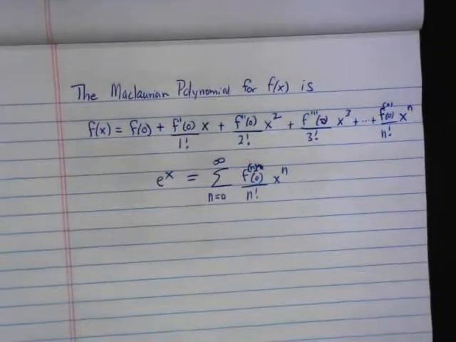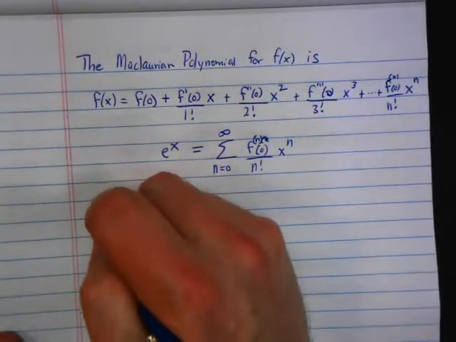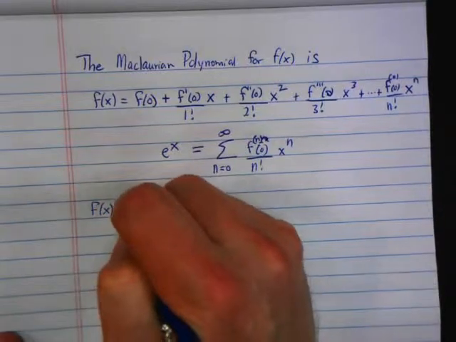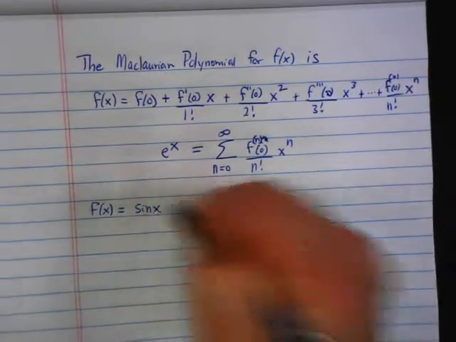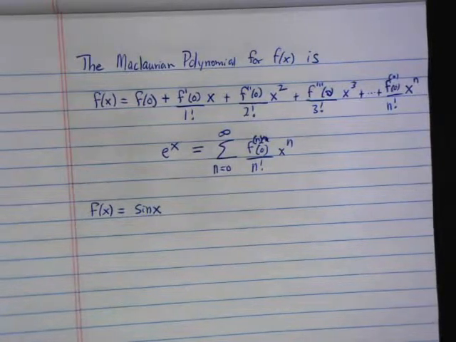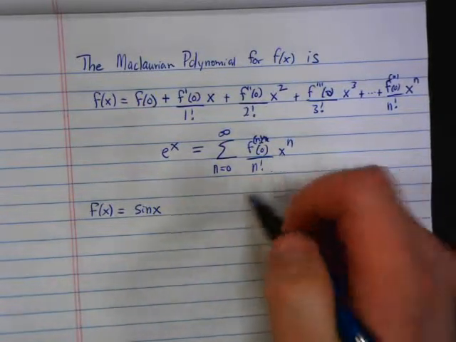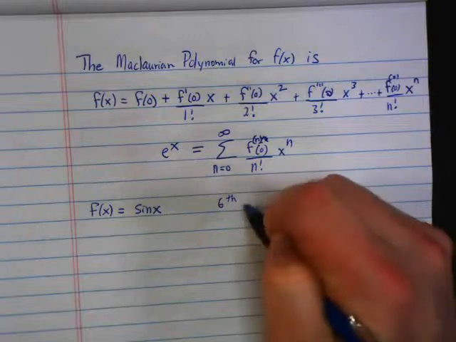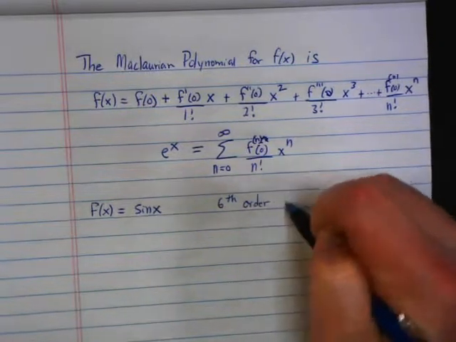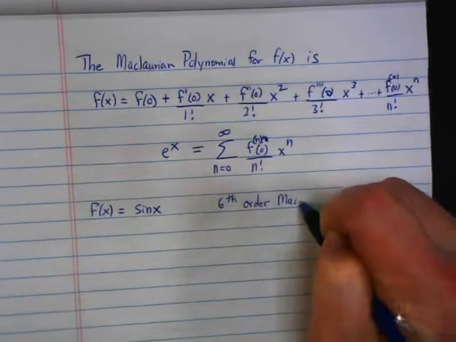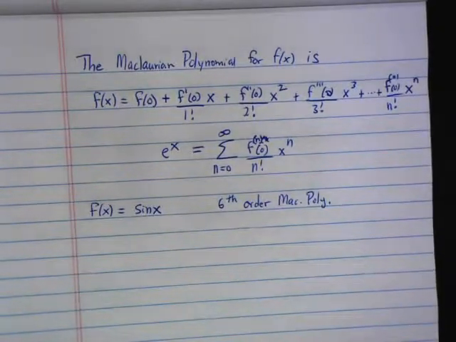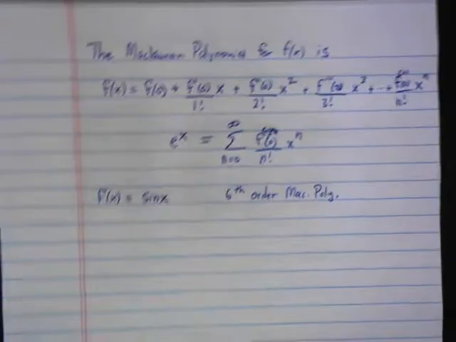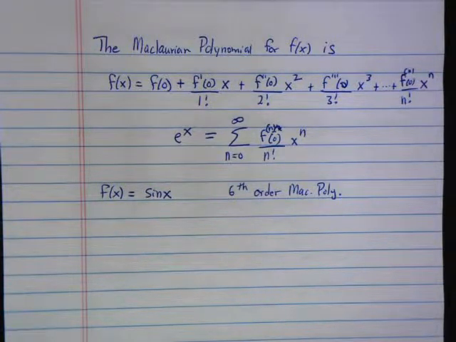Okay, so I want you to find, let's say f of x equals, how about sine x? I want the 6th order Maclaurin polynomial. Well, if you're going to give me the 6th order Maclaurin polynomial, what do you need to know?